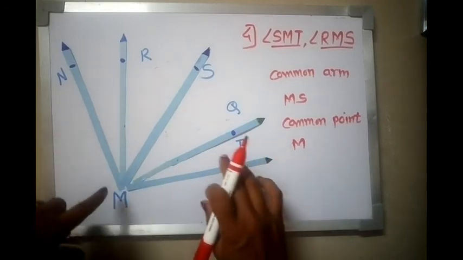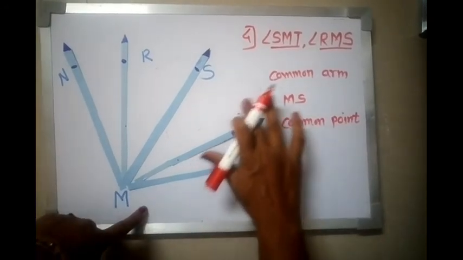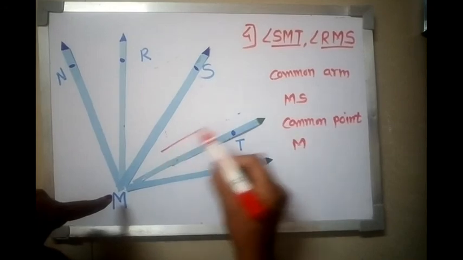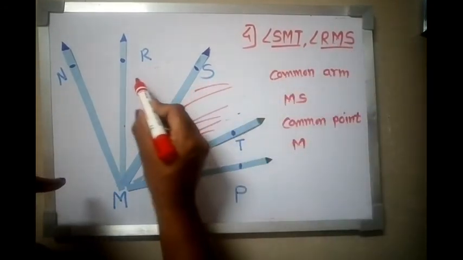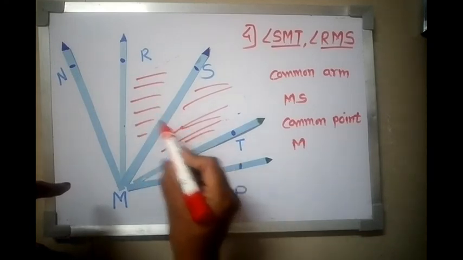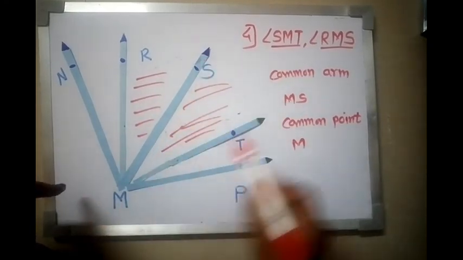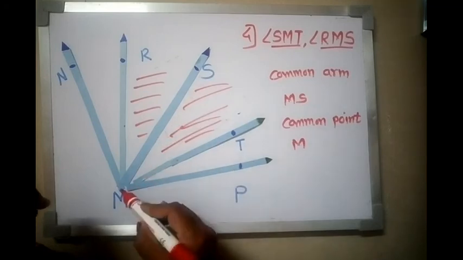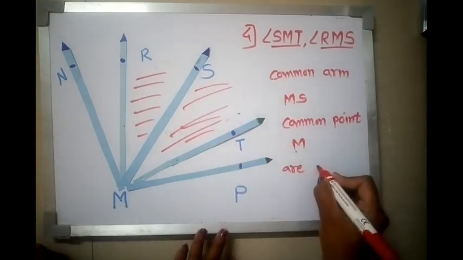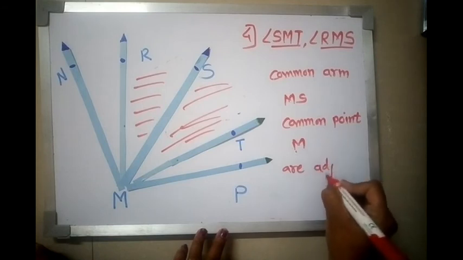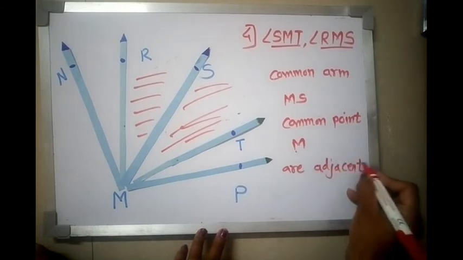Here angle SMT and angle RMS show separate interiors, common arm and common vertex. These angles are adjacent angles.